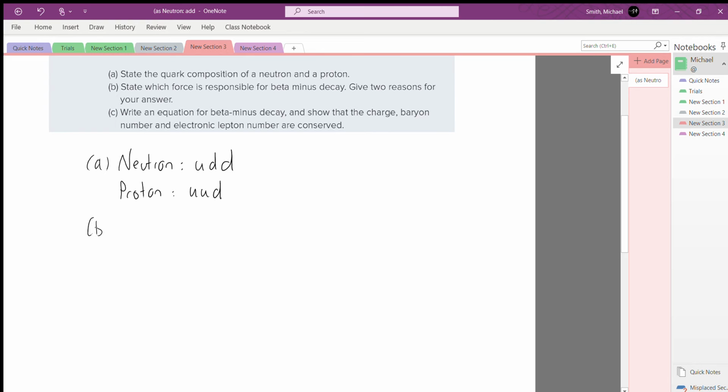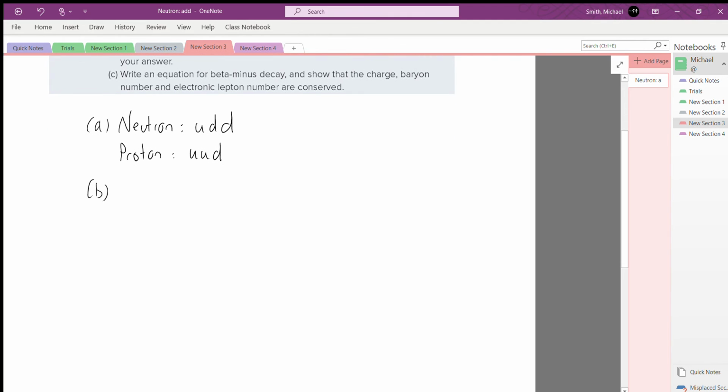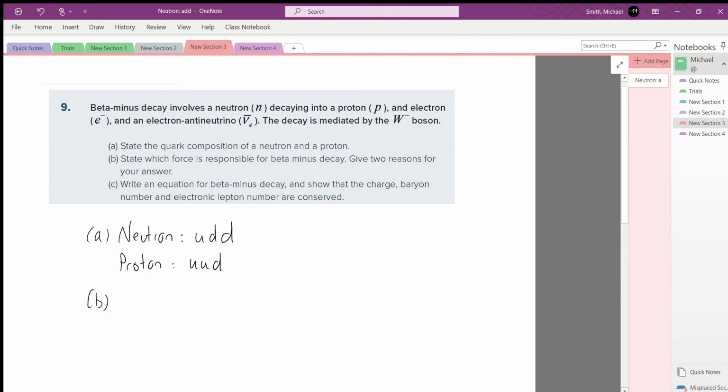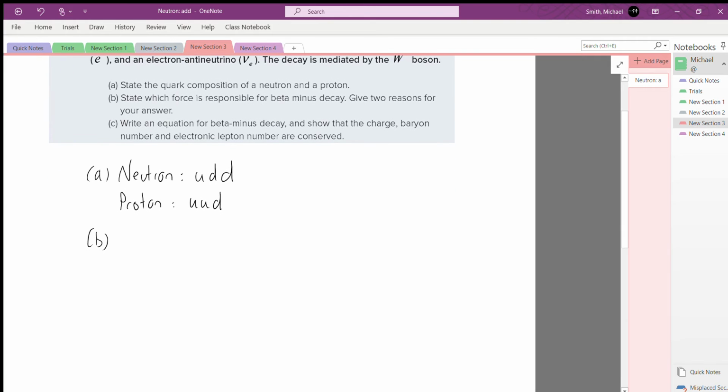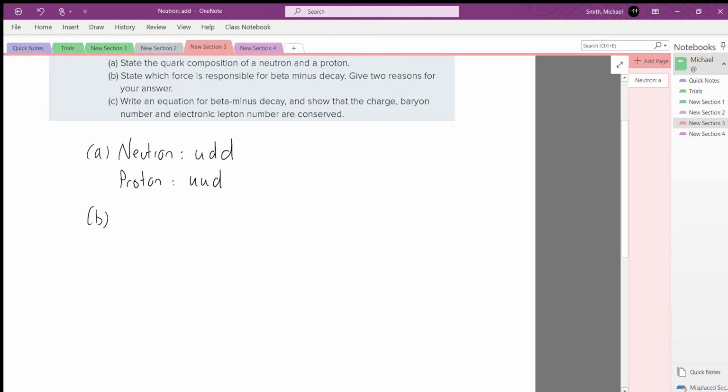Question B. Here we have to state which force is responsible for beta minus decay and give 2 reasons for our answer. So the first one is the easiest one. We know that the decay is mediated by the W minus boson. That's the gauge boson for the weak nuclear force, so that's our first reason. Let's write that down.